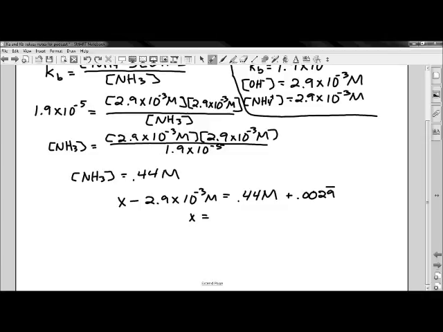Our ammonia concentration that we have right now only goes to the 100th. So when we add these, we actually just end up with the exact same number. Trust me, that is okay when doing Ka values, or Kb in this case. So our answer here is 0.44 molar of our original ammonia.